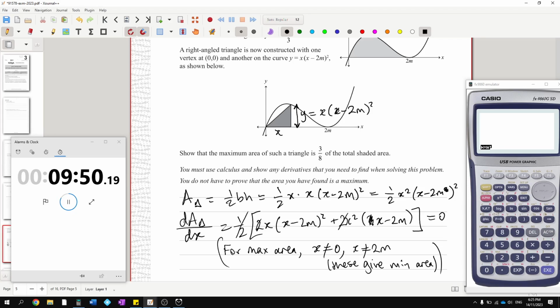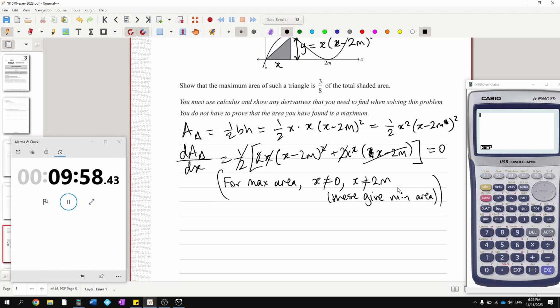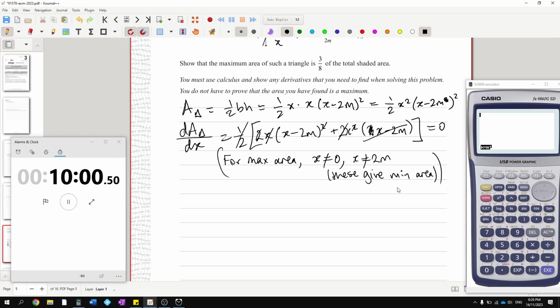And with that in mind, we can actually divide everything through by x, and then divide everything through by x minus 2m. So that should just be leaving us with x minus 2m plus x equals 0. So x is m.